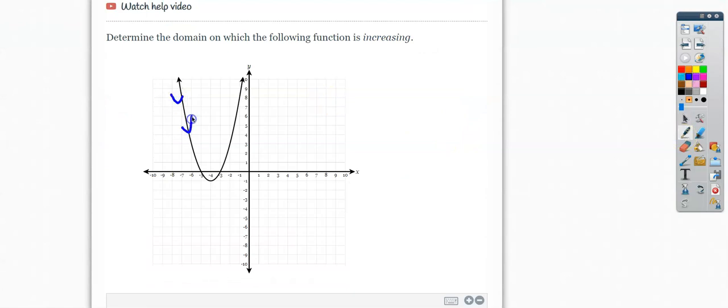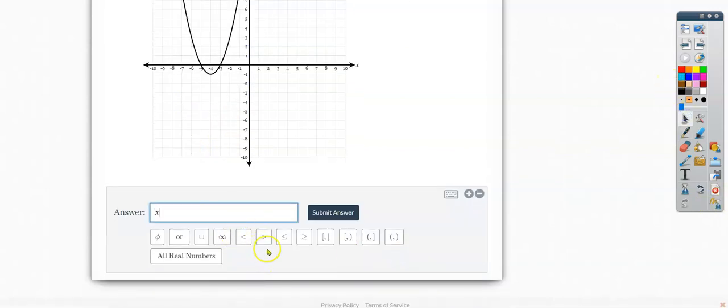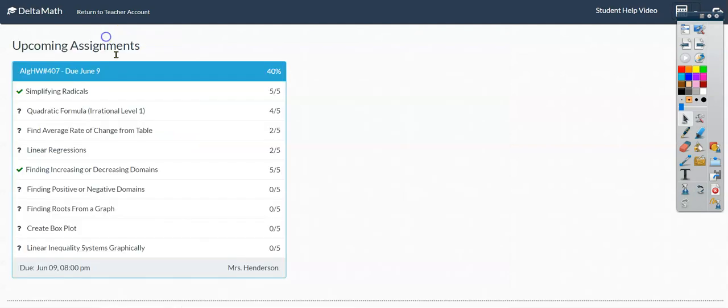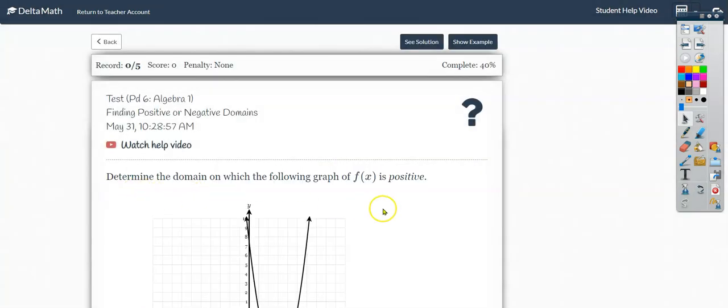Decreasing, decreasing, hit the vertex, and now we're increasing. So the increasing section is everything after -4. So we're going to say when x is greater than -4 this time.